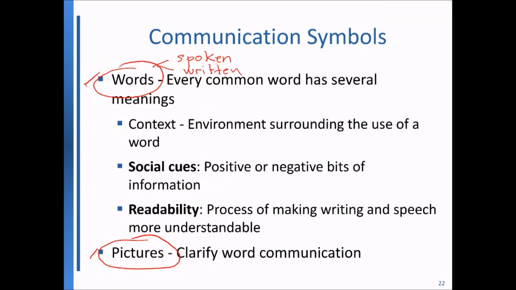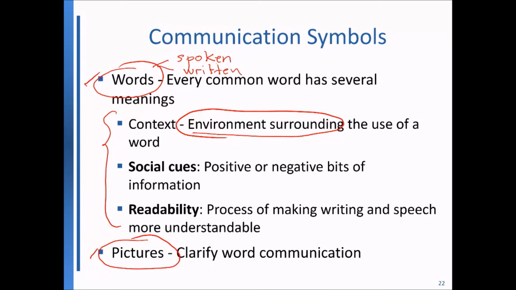And we have readability, how the way you write. So these are some of the things that we need to consider when we use words to communicate. Excuse me, teacher. Yes. What does this word surrounding mean? Surrounding environment, surround, around us. Okay, so these are the things that we need to consider in using words to communicate.